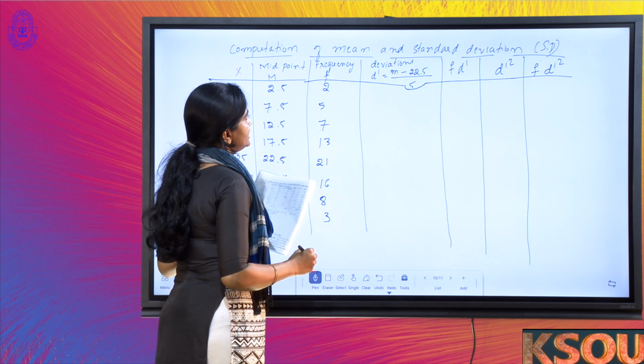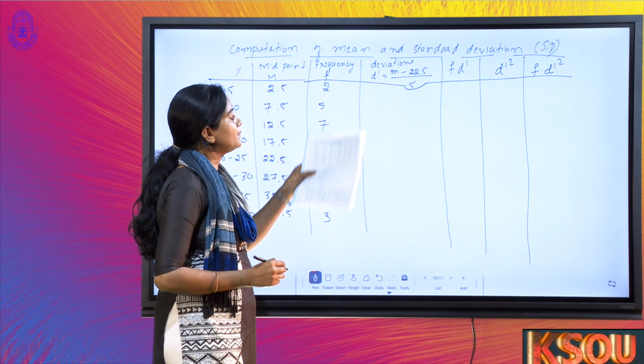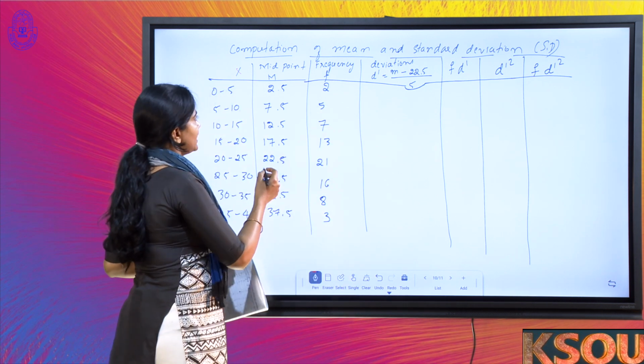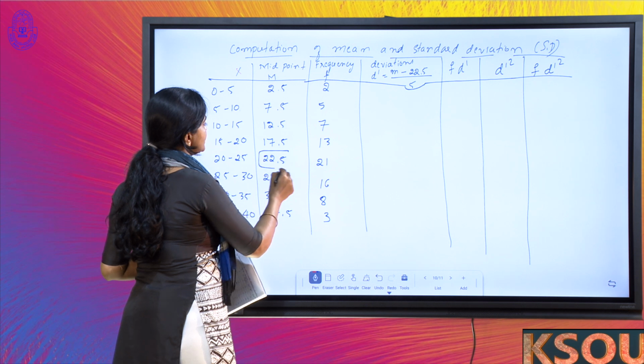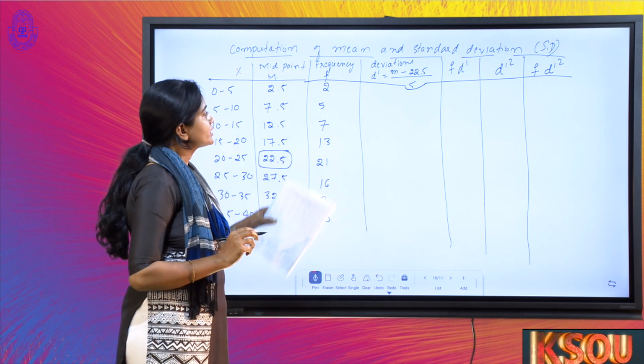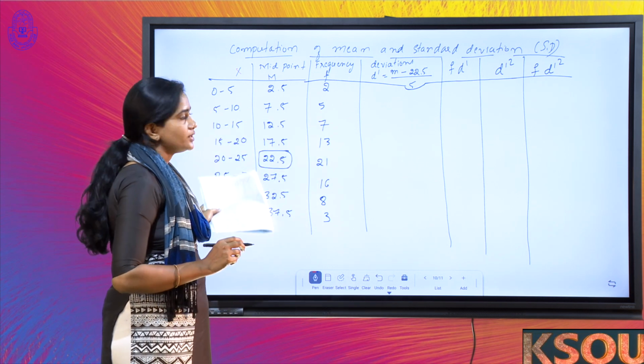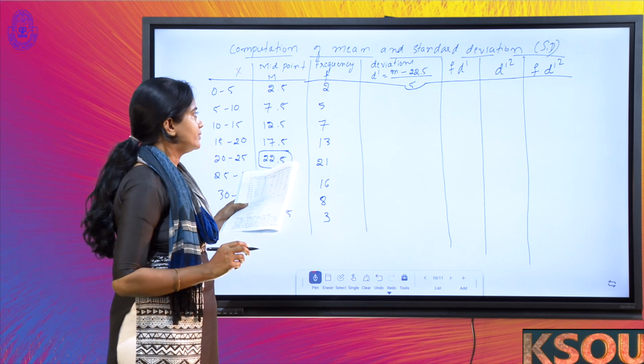Now you can take the deviation, that is d dash, equal to m minus an assumed value, divided by c. You can assume any value from m. I am going to take 22.5 as the assumed one, divided by c, that is 5. You will have to take the class interval size.